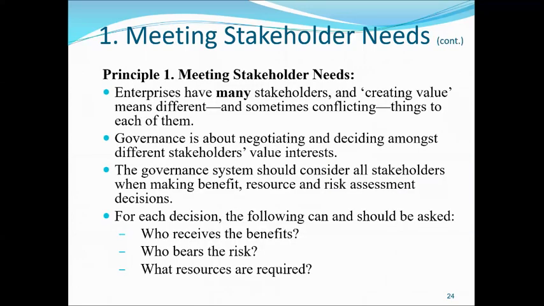Enterprises have many stakeholders, and creating value means difficult and sometimes conflicting things for each of them. So governance is about negotiating and deciding among the different stakeholders' value interests. The governance system should consider all stakeholders when making benefits, resources, and risk assessment decisions.